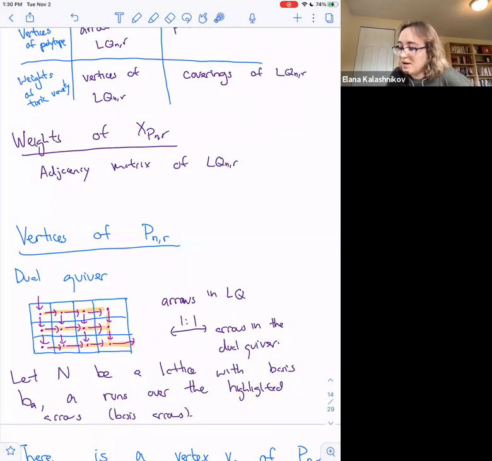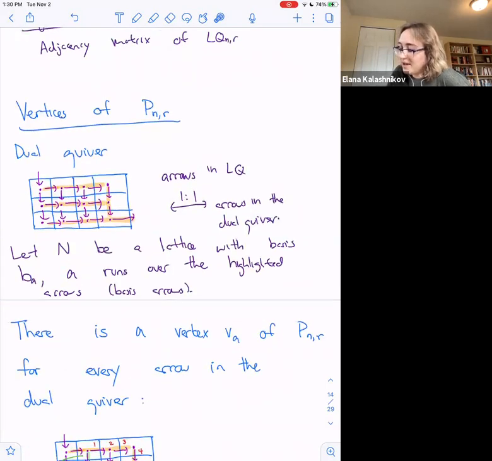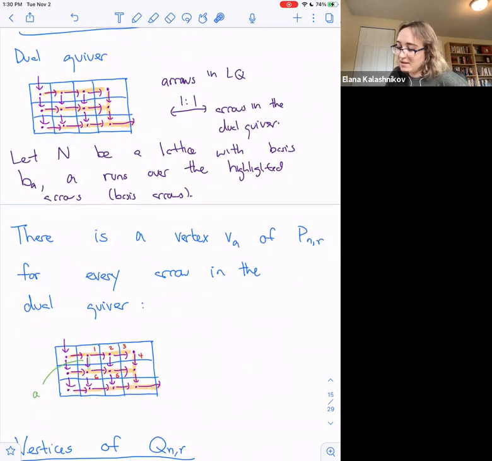In this example, I've highlighted some of these arrows, basically one for every vertex, and I'm going to label the corresponding basis element of the lattice b_A. Then the vertex v_A of P_{n,r} that you get for any arrow in the dual quiver is just obtained by writing any particular arrow as a sum of basis arrows.